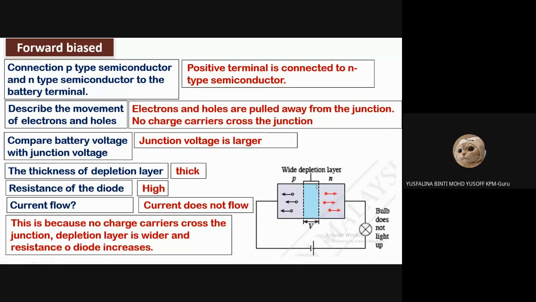When the junction voltage is larger, the holes and the electrons cannot move freely. N cannot go to P, and P cannot go to N, because they have the high junction voltage here. They cannot overcome that voltage, so that's why the current will not flow. That is an analogy for you to understand.